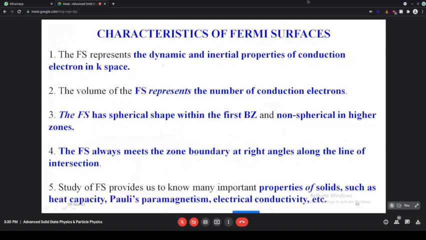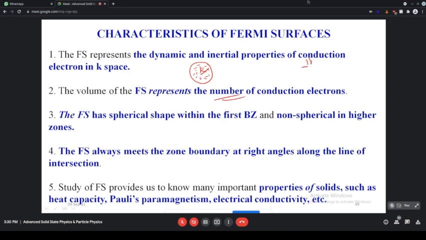Therefore what can I say, what is the Fermi surface? This Fermi surface is simply drawn in k-space having the radius k, and that is representing simply that all energy levels are filled, and these are the conduction electrons, all the free electrons.